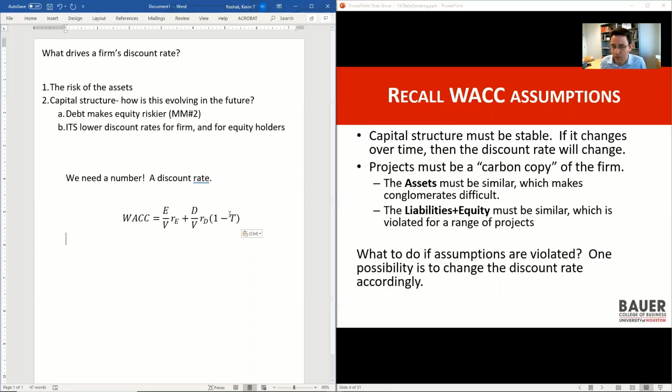We also know that when we want to use the WACC, we're getting one number for the entire company. So if you want to discount something using the WACC, that project better look like the rest of the company.